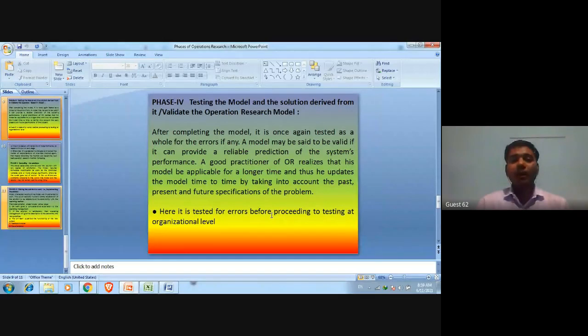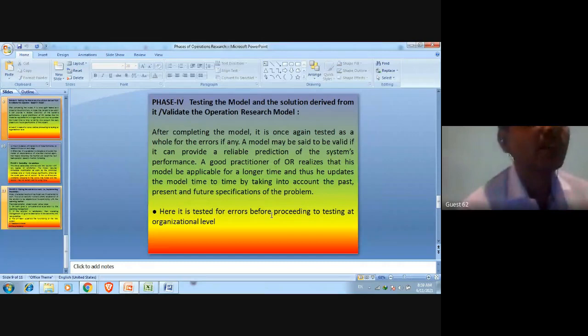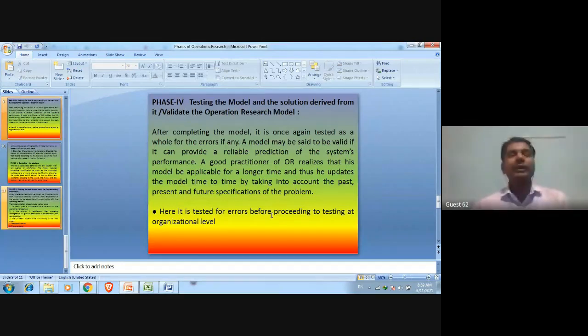Now, a good practitioner of operations research realizes that his model should be applicable for a longer time. Means everybody wants that after constructing anything, it should work for a long time, and thus he updates the model from time to time.